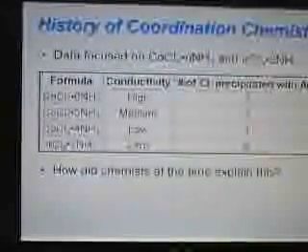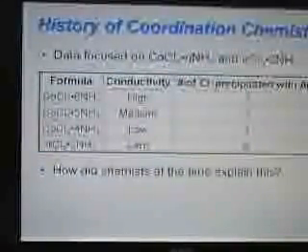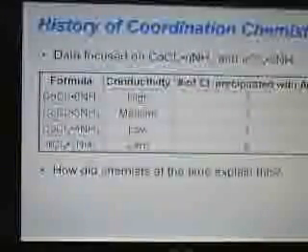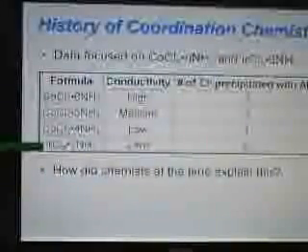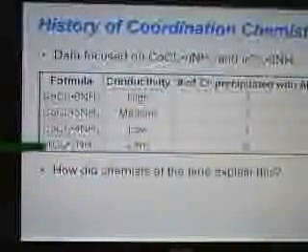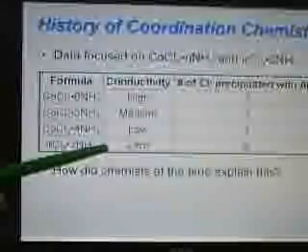Scientists at the time were unable to make CoCl3·3NH3, but made a closely related compound, IrCl3·3NH3. They measured the conductivity of a solution containing this compound and found it to be non-conducting.